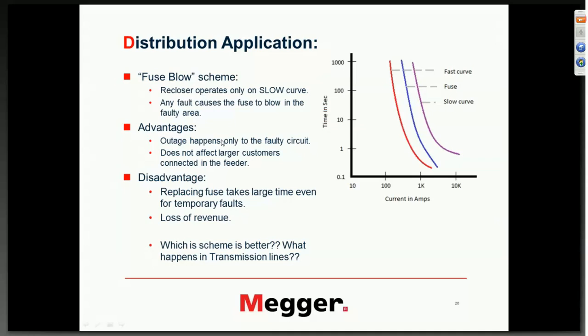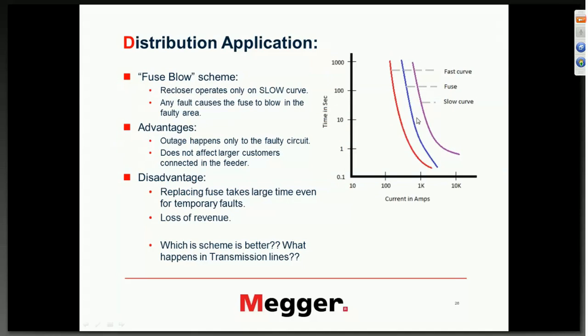Some of the advantages of using this fuse blow scheme is that the outages happen only in the faulty circuit. You have to imagine a distribution or a ring type distribution here. Whenever there is a fault in that distribution ring, the fuse will blow and it will isolate just that part of the load.